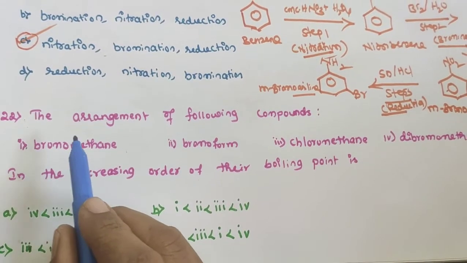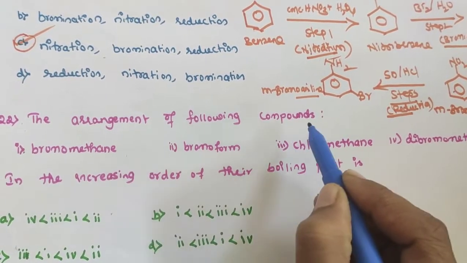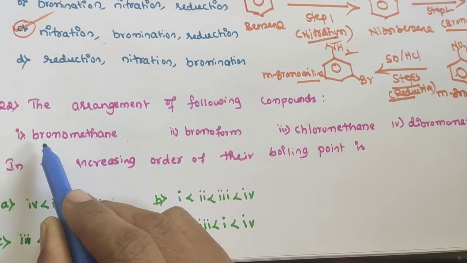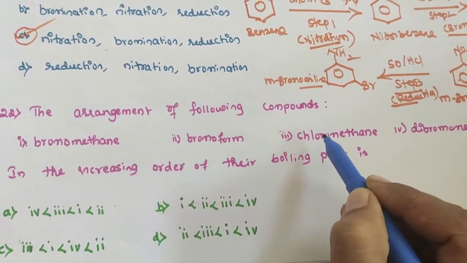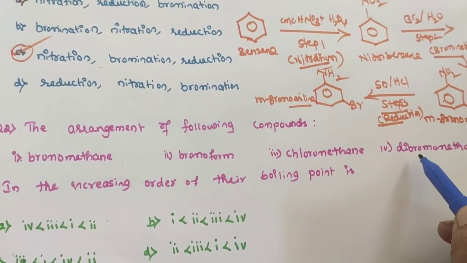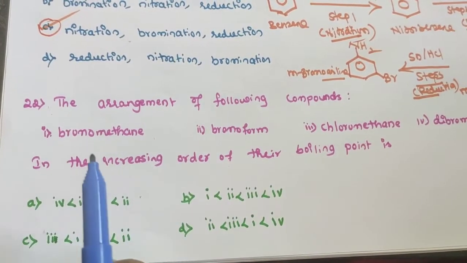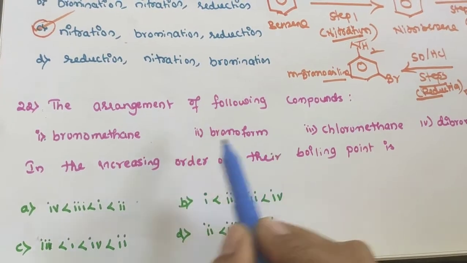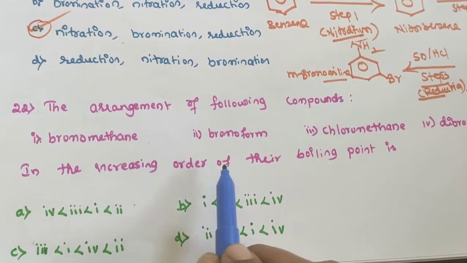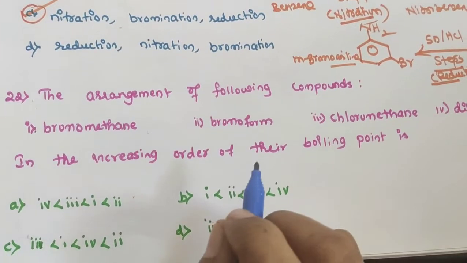The next question: the arrangement of the following compounds: 1 bromomethane, 2 bromoform, 3 chloromethane, 4 dibromomethane. We have to arrange them in increasing order of their boiling points.